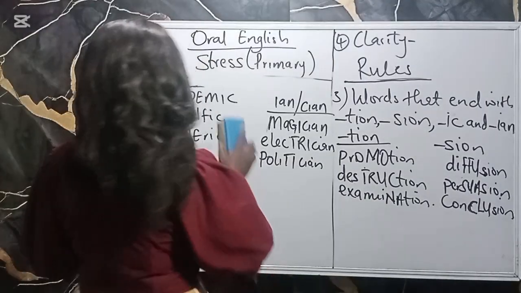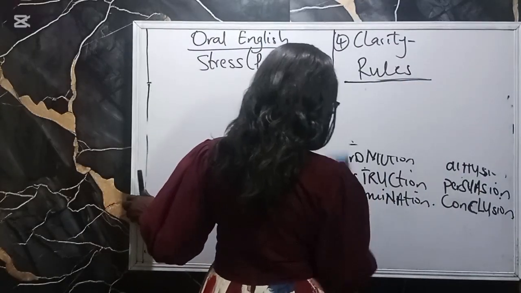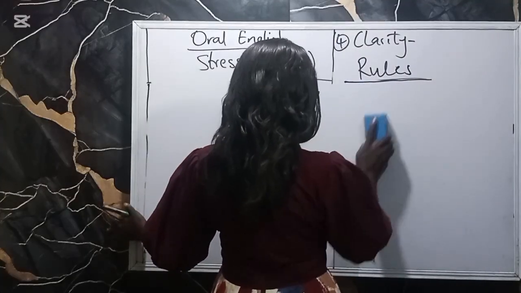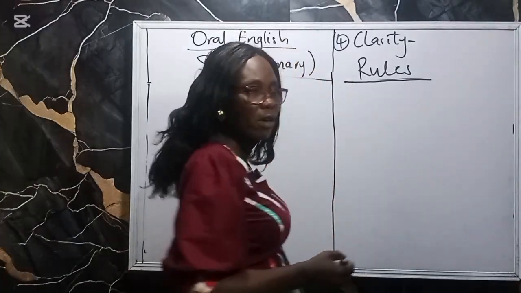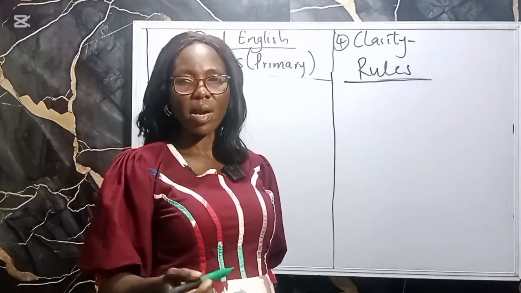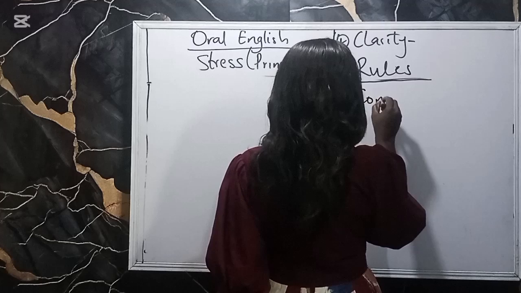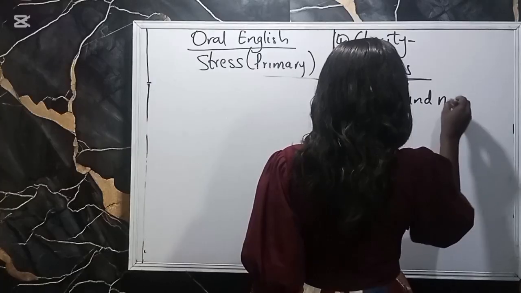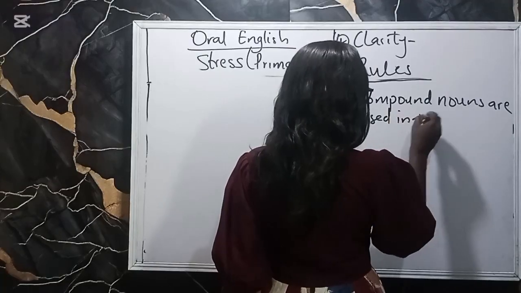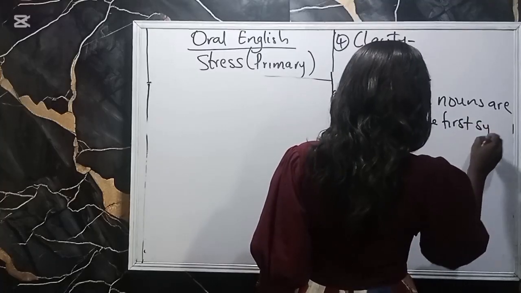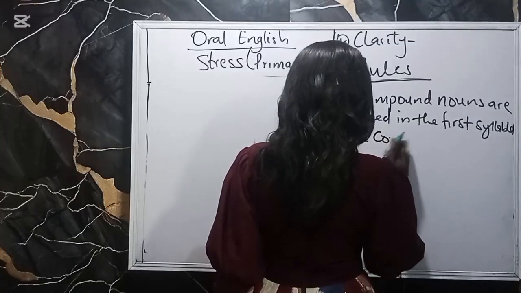We are going to the fourth one. The fourth rule: compound nouns are stressed on the first syllable, while compound verbs are stressed on the second syllable.